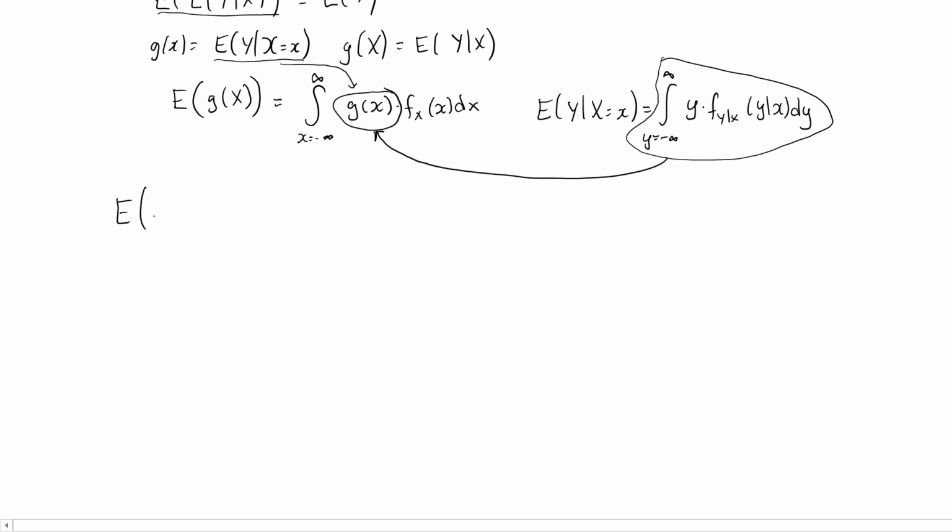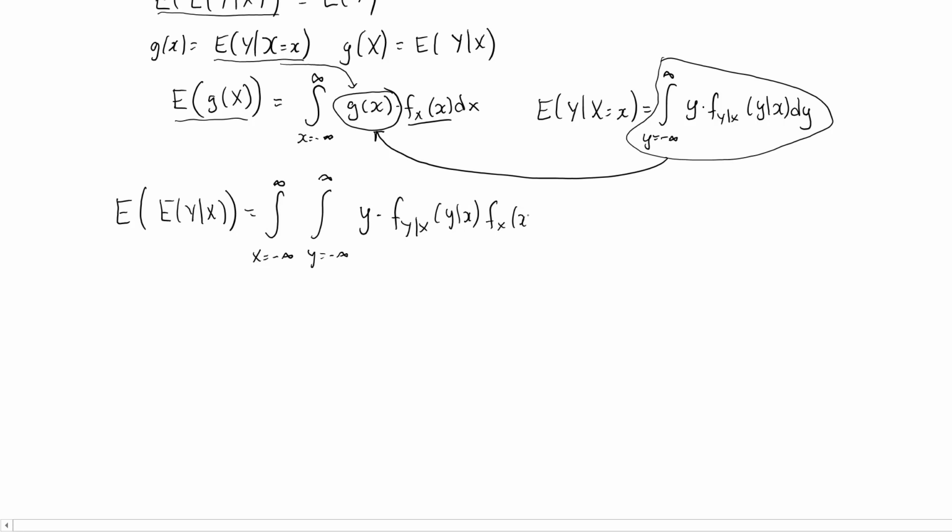The expected value of E[y given X], or expected value of g of X, is the integral x equal minus infinity to infinity. Now put g of x in there. We have y equal minus infinity to infinity, y times f of y conditionally on x, (y|x). Then we have this one, f X of x.